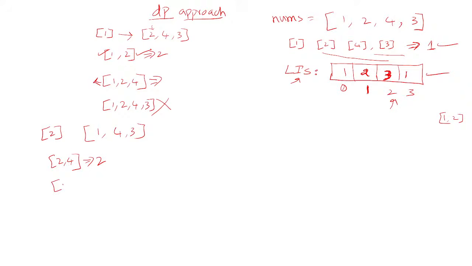Similarly, are 2, 3 forming an increasing sequence? Yes, with length 3. So 3 is at index 3. Previously only 3 was forming a subsequence, but 3 combined with 2 forms an increasing subsequence, that's why its value increases to 2.